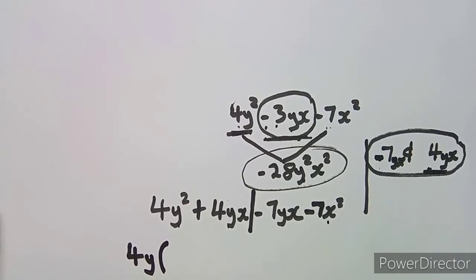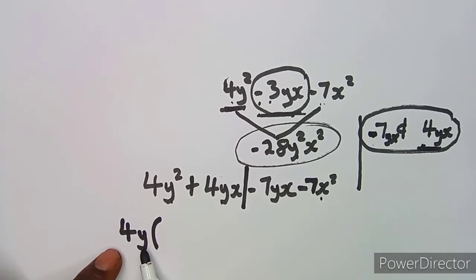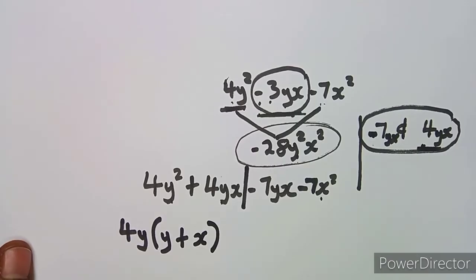That is our common factor. Remember, x is not common here. So you're going to divide 4y squared by 4y, that's y, because 4 and 4 will cancel, plus 4yx divided by 4y. As you can see, 4y and 4y will cancel. You remain with x, so it's going to be plus x like this.